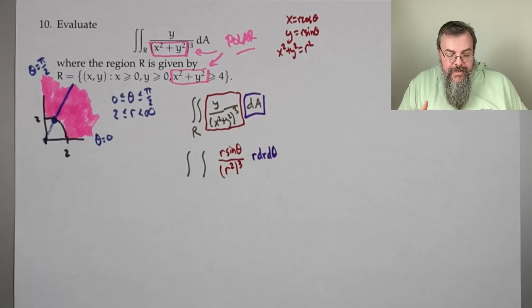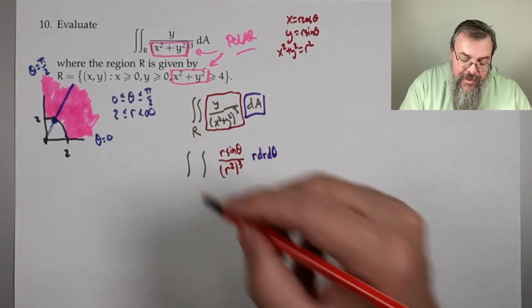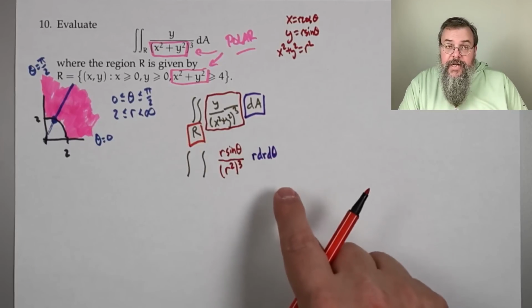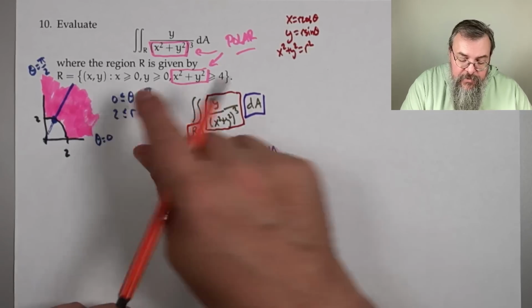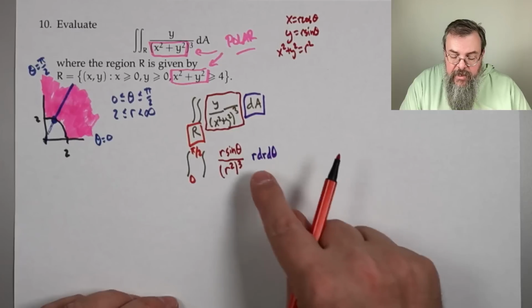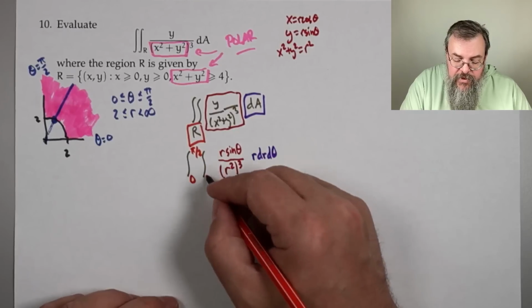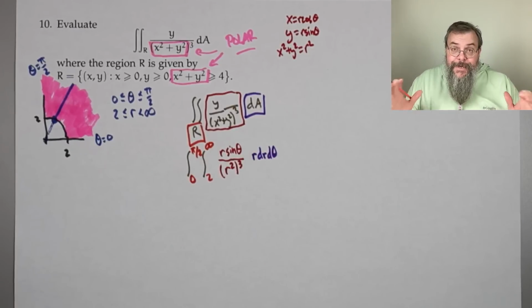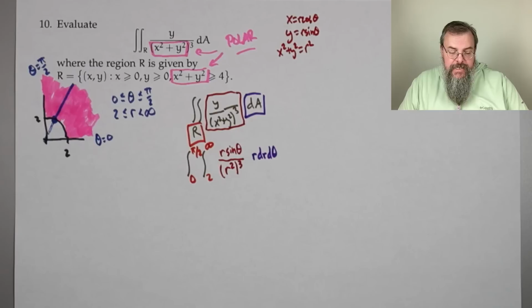Now, the last thing we have to deal with is our bounds. That's our region R. So we're doing r dr d theta, so theta goes from 0 to pi over 2, and r goes from 2 to infinity. And there we go. Okay, so that's the integral. Well, let's clean all this up.